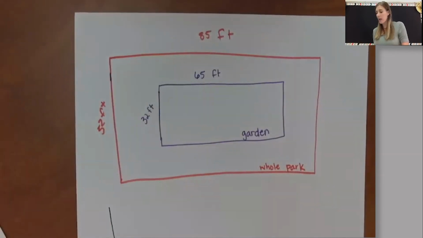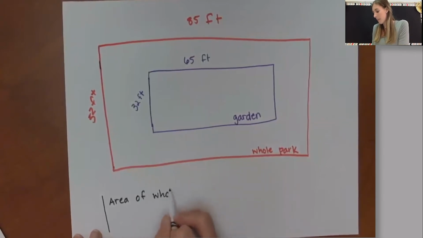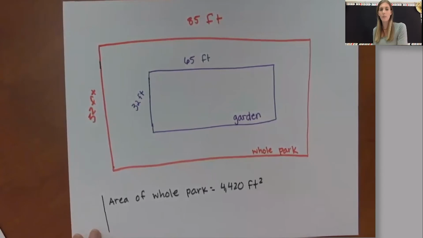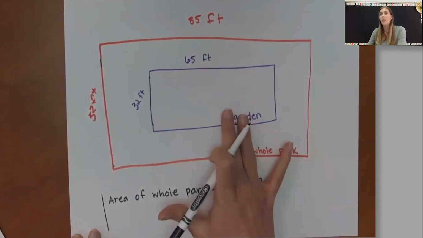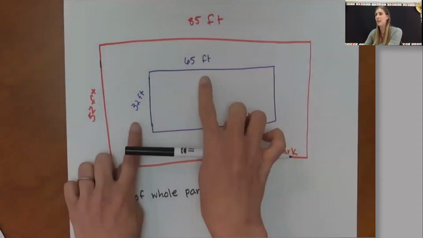So on our model here, we can write area of whole park equals 4,420 feet squared. Next, we're going to find the area of just the garden. The dimensions of the garden are 32 feet by 65 feet.